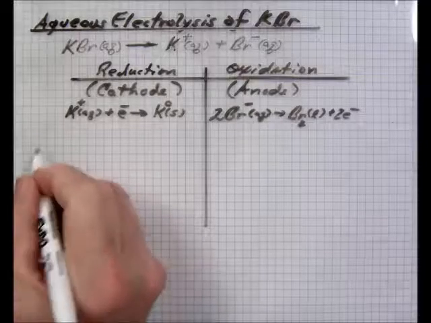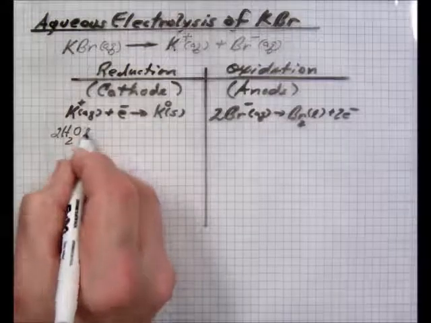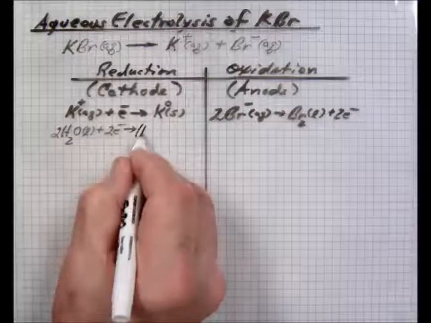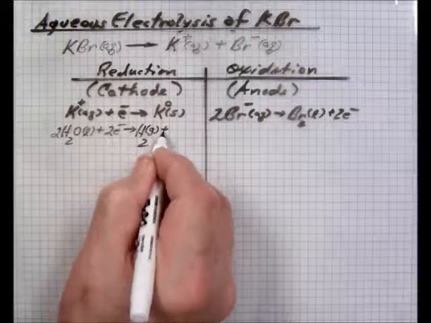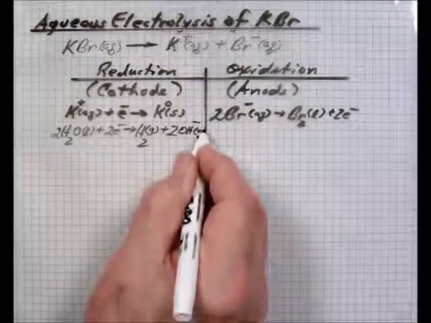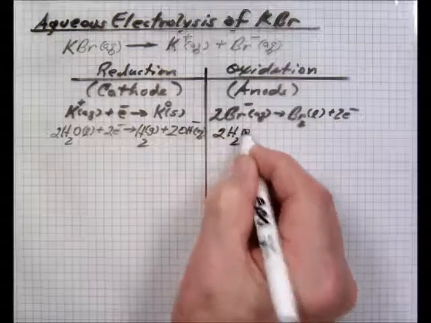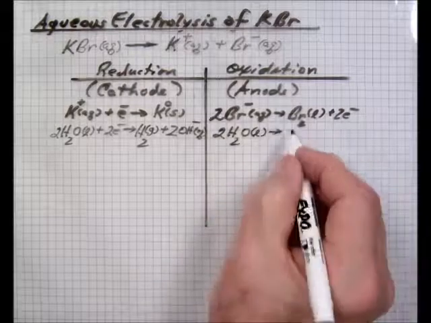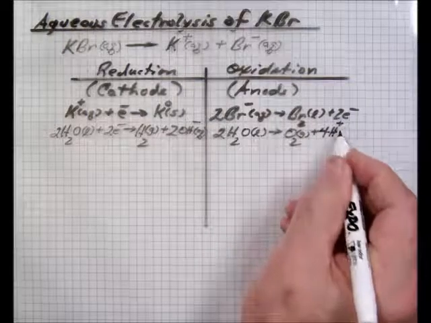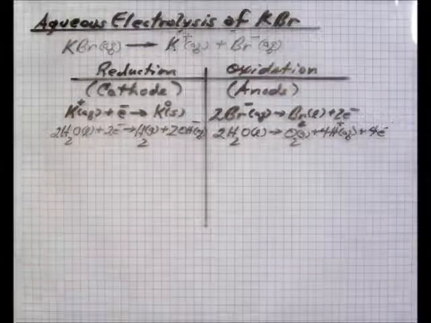The reduction reaction for water: 2H2O in liquid form plus 2 electrons would produce hydrogen gas plus 2 moles of hydroxides right there, and then the oxidation would give us oxygen gas plus 4 moles of hydronium ions, aqueous, plus 4 moles of electrons right there.